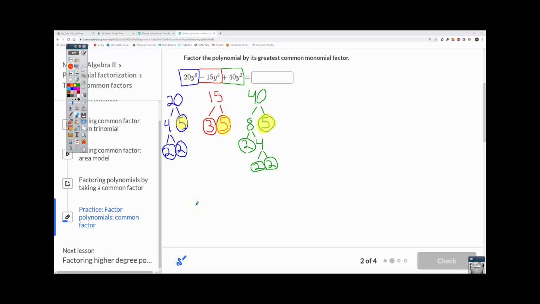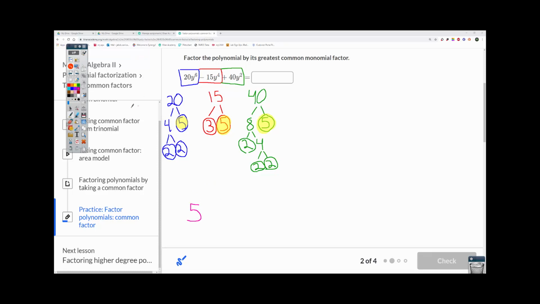So we can't factor out any 2's. There's a 3 here, but there's not a 3 in either of the other lists. So it looks like for our coefficients, the greatest factor is going to be 5. Hold on, let's do this. Let's put it right here.